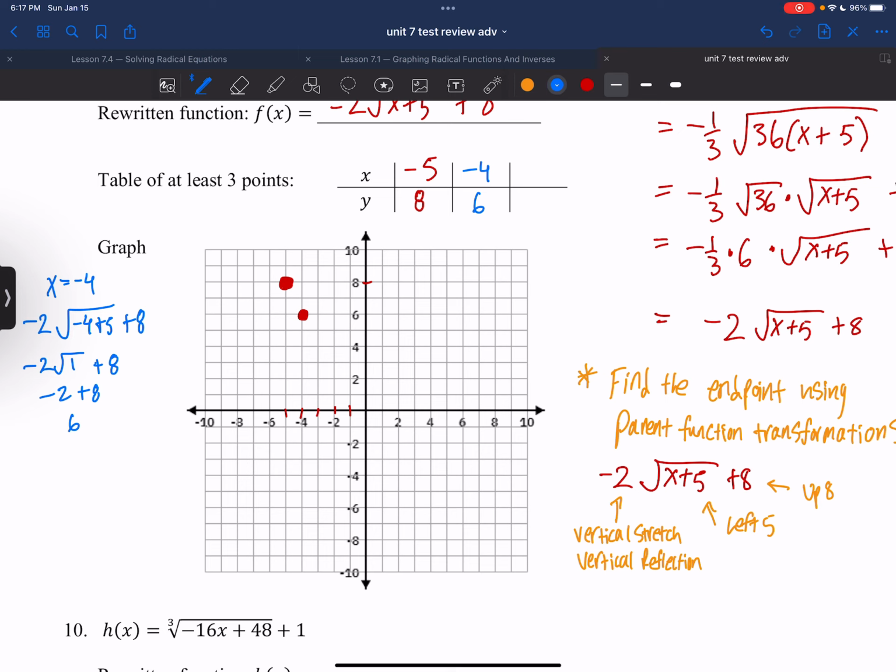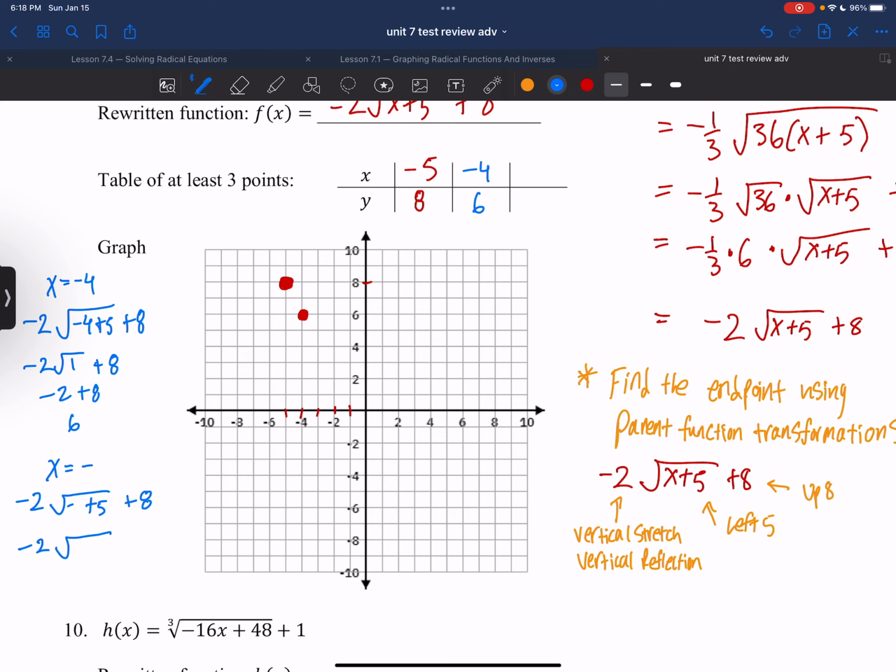Let's test another point. Don't do -3, because if you do x equals -3, look, I'll just write it for you. -2 root of -3 plus 5, plus 8. That's -2 root 2. And we don't know the square root of 2, so it's not going to give us a pretty point to graph. So I'm not going to test -3.